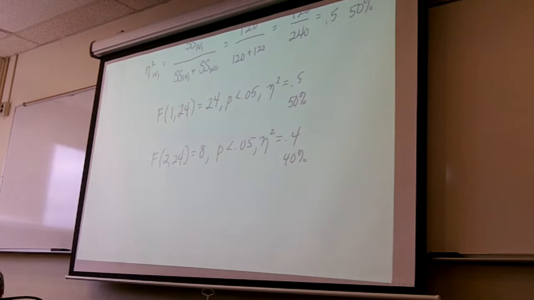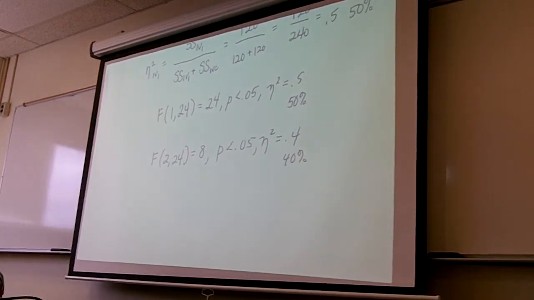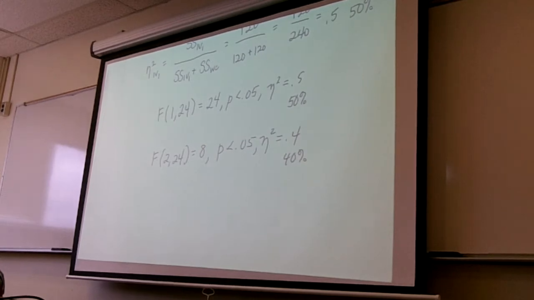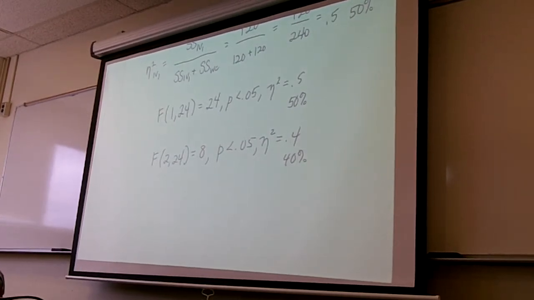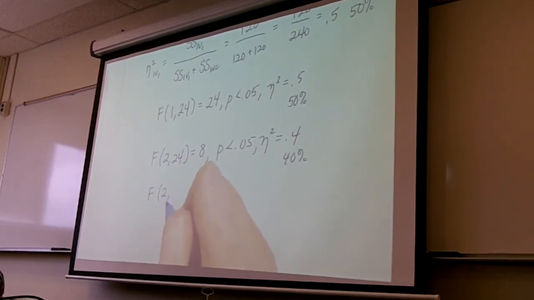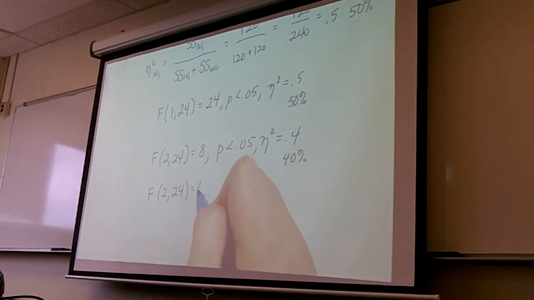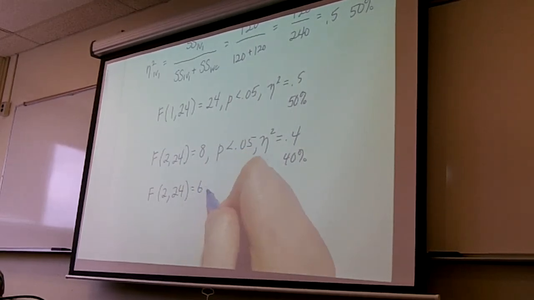What is the degrees of freedom numerator? 2. The degrees of freedom denominator? 24. Yep. F critical? 3.40. 3.4. The F observed? 6. And eta squared? 0.33 or 33%. Okay, and if I do the APA-style statistical statement, it's going to be F(2, 24) = 6, right?